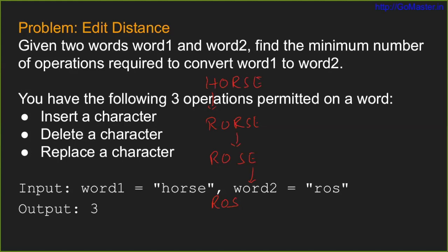And it happens that we cannot actually do this transformation for this example with fewer than three operations, and hence three is the answer. And we don't have to do it in the same order. We could do it using this order also. Suppose I delete E so that I get HORS, and then delete R so that I have HOS, and then modify or replace H with R, so I get ROS.